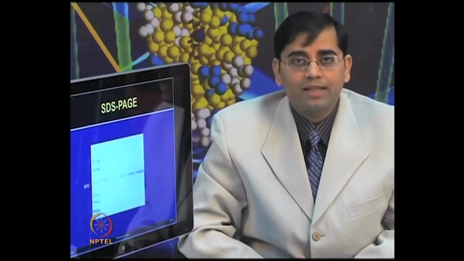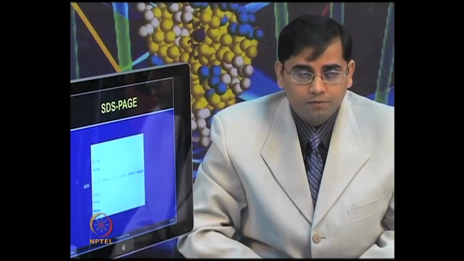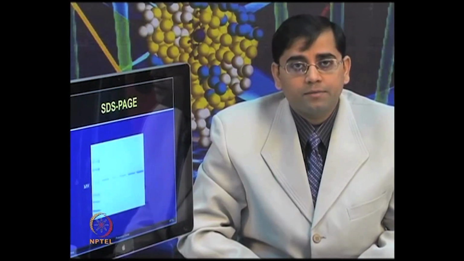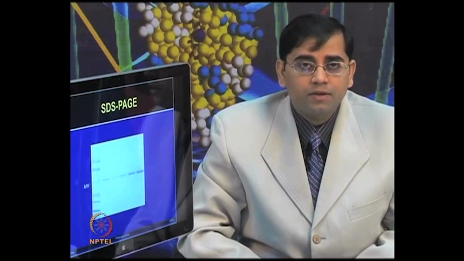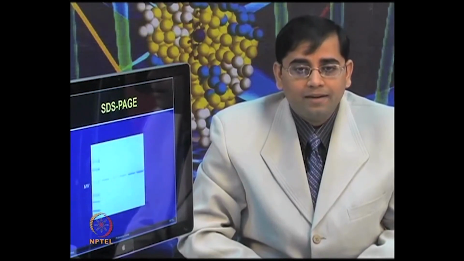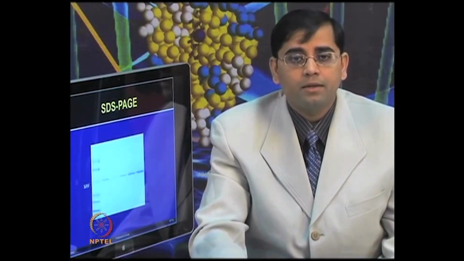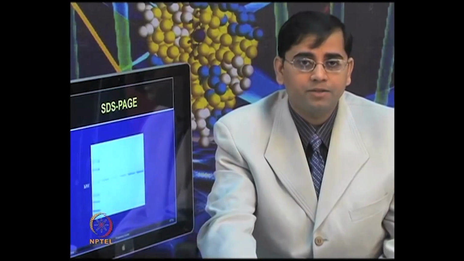Then we have different wells, and in each well an unknown protein for which you want to determine the molecular weight can be loaded, and after staining with Coomassie blue you can see a pure band here in this case. So, one can determine the molecular weight by performing the SDS PAGE.